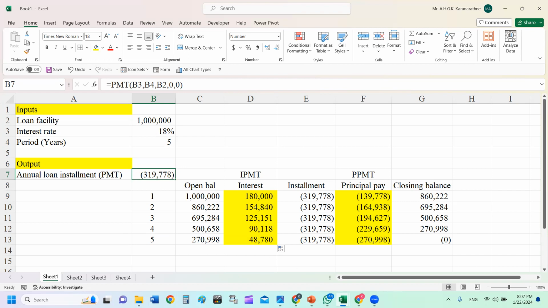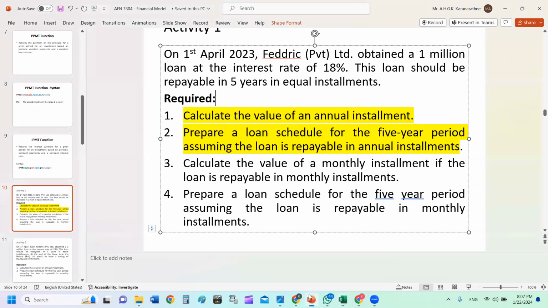Right. Next scenario, same activity. Calculate the value of the monthly installment. That is the most practical scenario. You borrow a loan today and the bank won't give you the chance to repay the loan in annual installments, right?